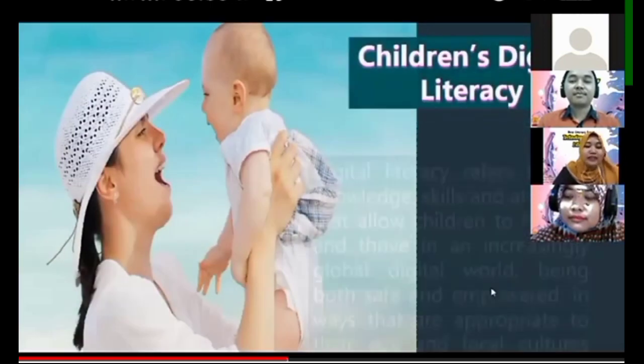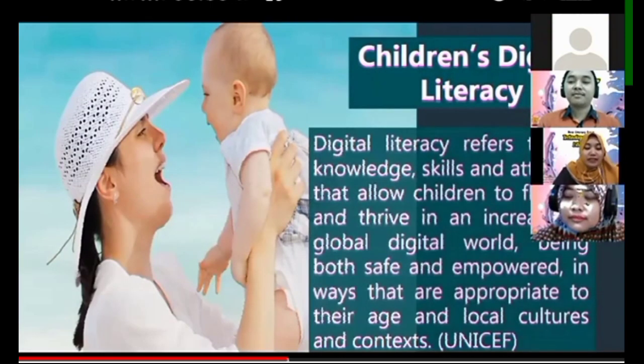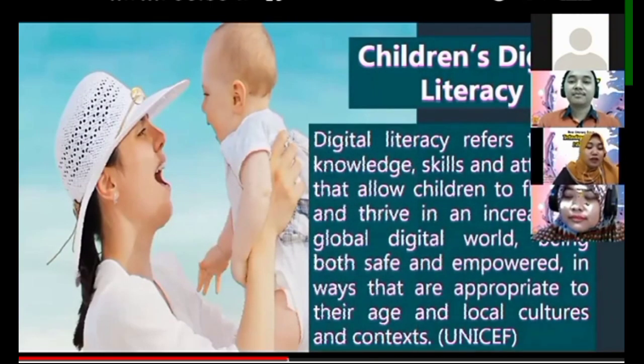Well, before I explain about ICT for children, let me give the definition of children's digital literacy. This definition was proposed by UNICEF. Digital literacy refers to the knowledge, skills, and attitudes that allow children to flourish and thrive in an increasingly global digital world, being both safe and empowered in ways that are appropriate to their age, local cultures, and contexts.